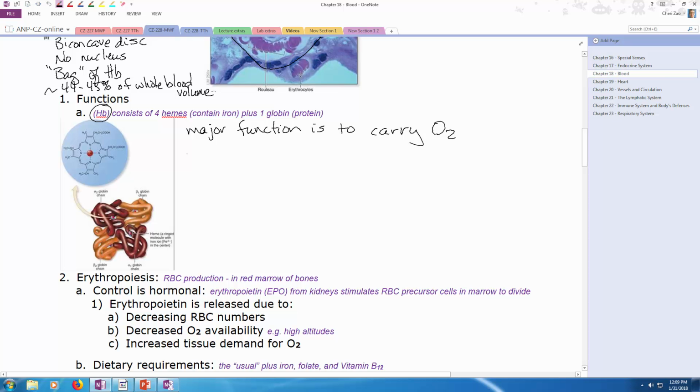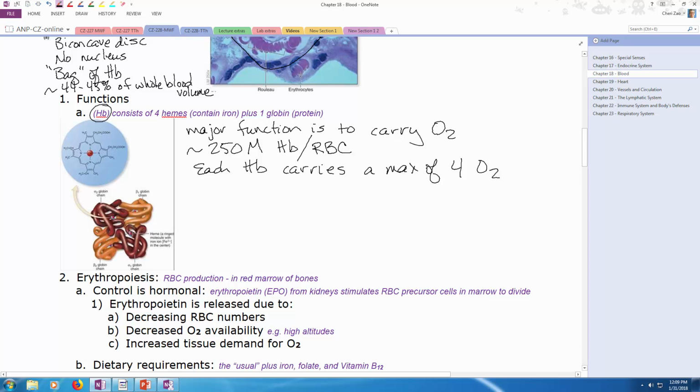We have approximately 250 million hemoglobin molecules per RBC. Each hemoglobin carries a maximum of 4 oxygen molecules.